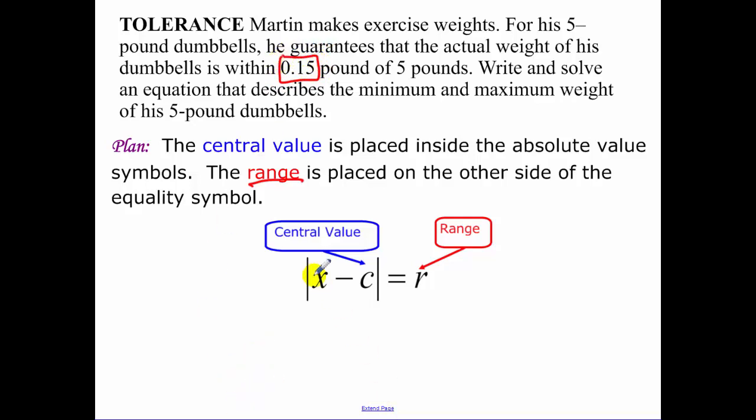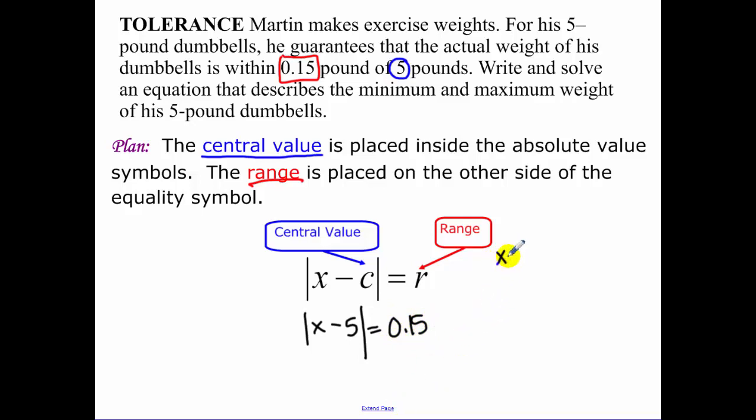What is the central value, or the value that this range is going to come off of? That's 5 pounds. So we're going to have x minus 5, our central value, equals 0.15. So now I have two equations.